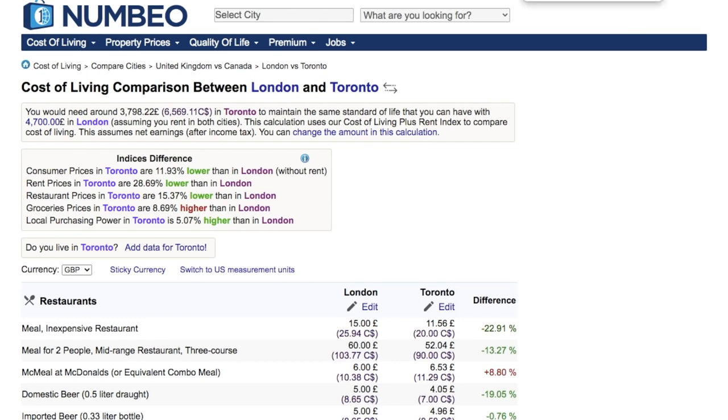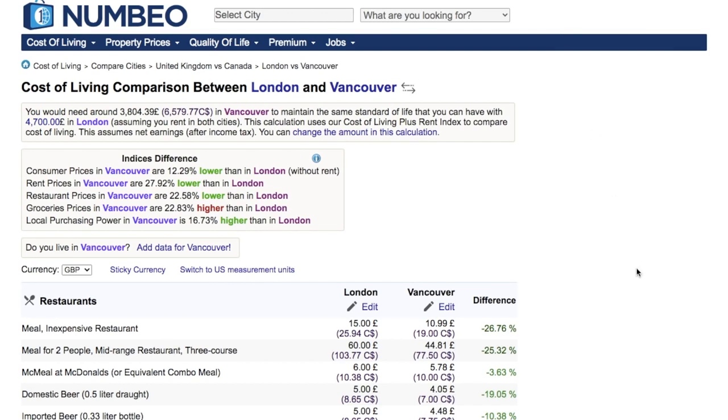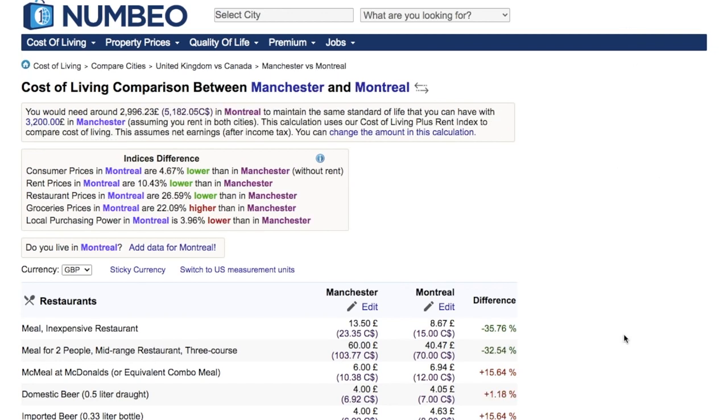Similarly, I compared London with Vancouver as well, and the comparison is very similar. In Vancouver you would need around £3,800, while in London you would need around £4,700. Similarly, I compared other cities as well, so you would see that between Manchester and Montreal, Manchester is more expensive.